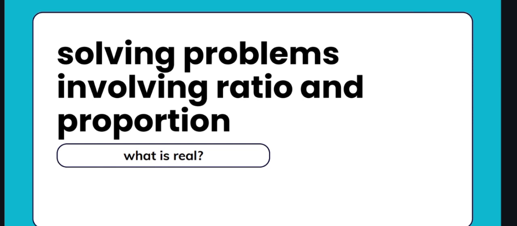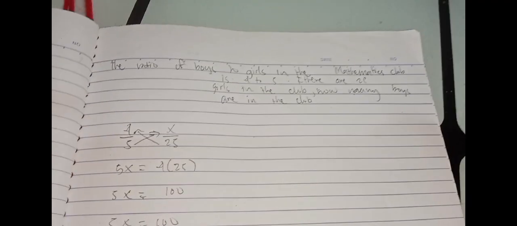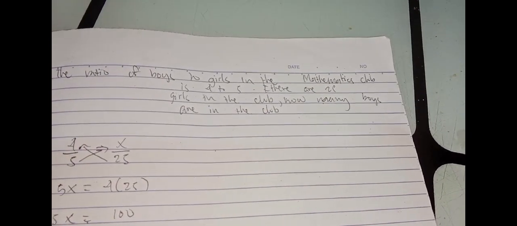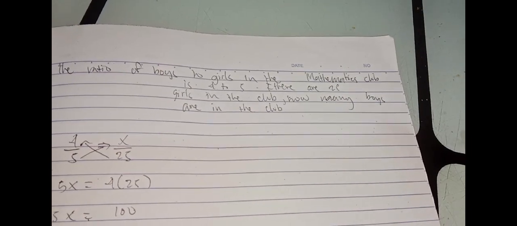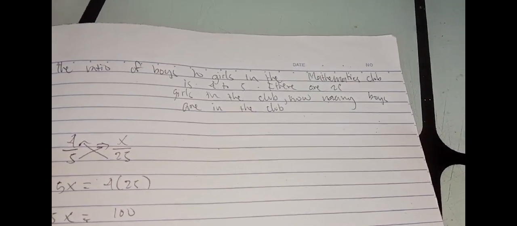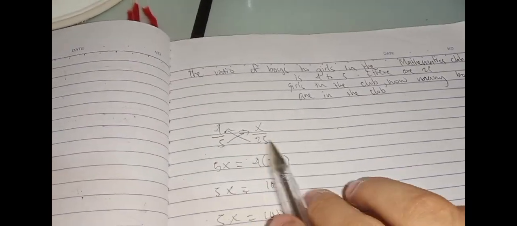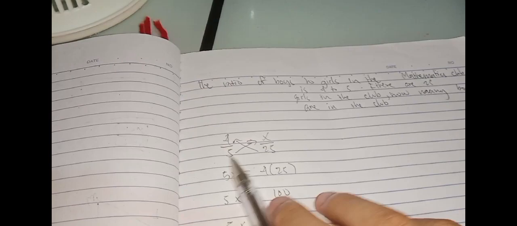Please watch the videos. So our example number 3 is the ratio of boys to girls in the mathematics club is 4 to 5. There are 25 girls in the club. Now, how many boys are in the club? So first, we'll put the ratio, which is 4 is to 5. So 4 is to 5 is equal to x over 25, because 25 is the number of girls in the club, and 5 is the ratio of the girls in the club.